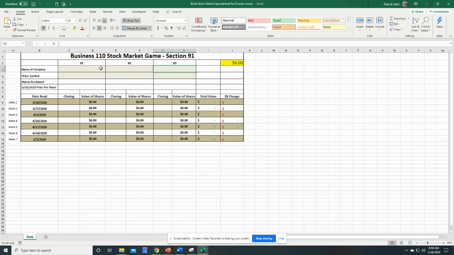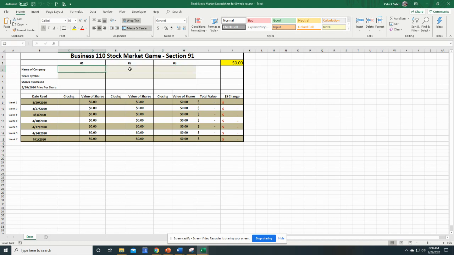So I don't know if you're necessarily going to see lots of profit or losses in 7 weeks. You may, but this is meant to teach you how to track stocks and to see how factors of the market will impact that stock over the next short weeks.